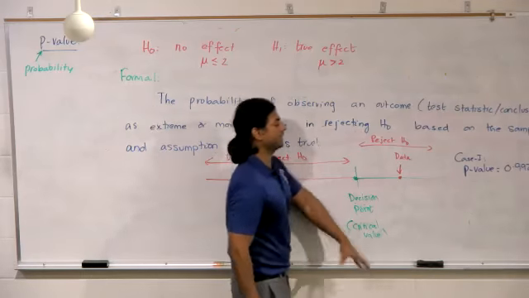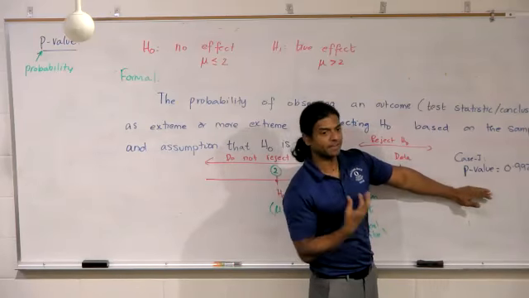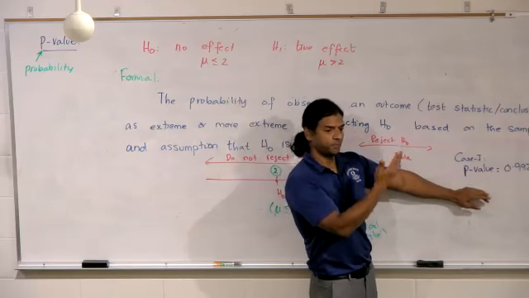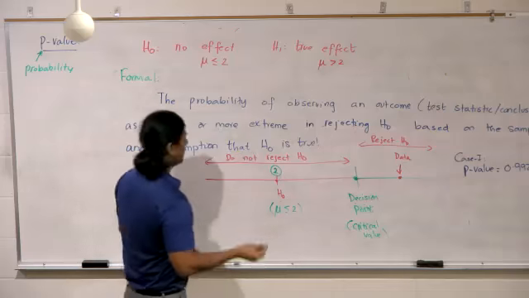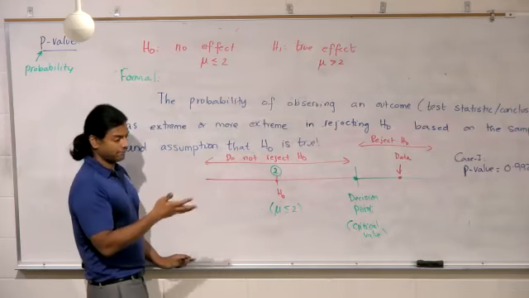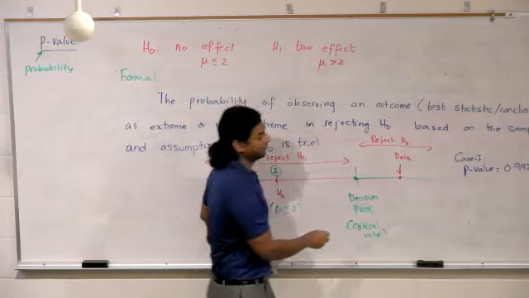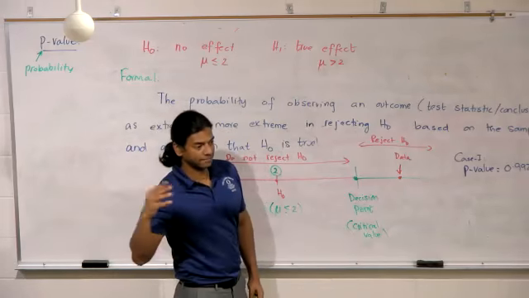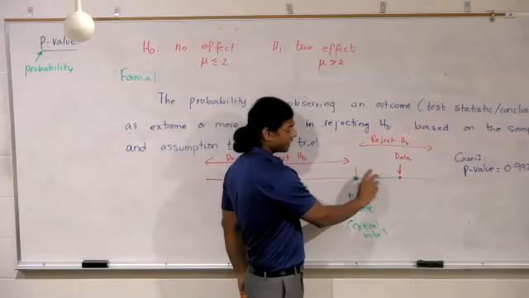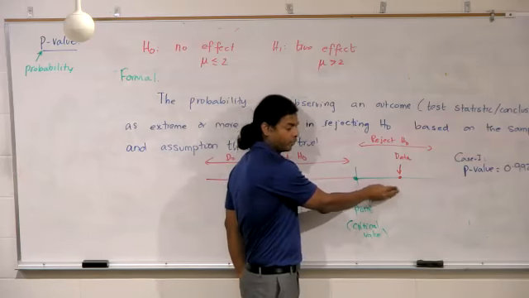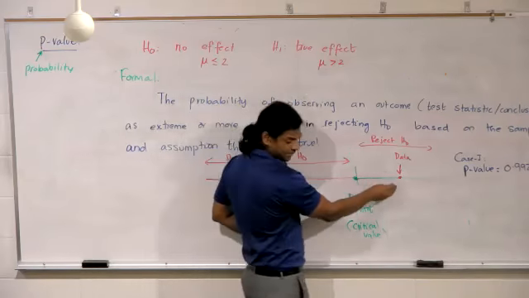So what we're trying to say is whatever happened, happened purely by chance. There is no underlying effect whatsoever. It just happened because of pure randomness. If there is a true effect, whatever happened in getting this conclusion would not have happened in a random manner. There is an underlying effect that put us in the rejection region over here. In other words, there was a true effect that put us over there.